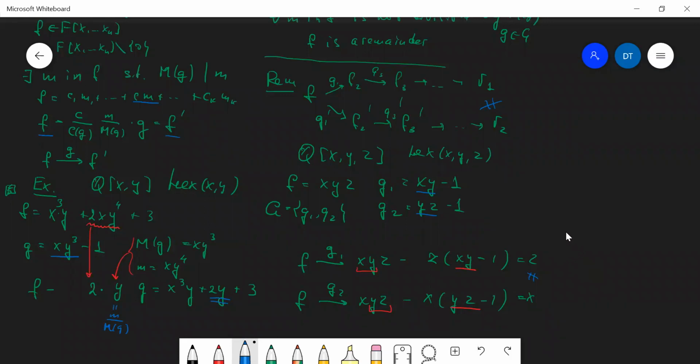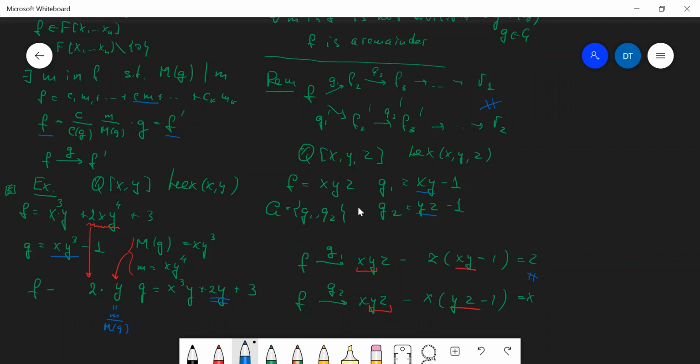The reason why this happens is that the set G was not good enough. If the set G were good enough, we wouldn't have this problem. And this leads us to the notion of a Gröbner basis.